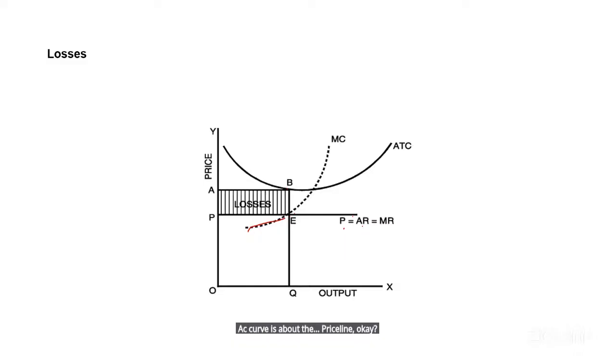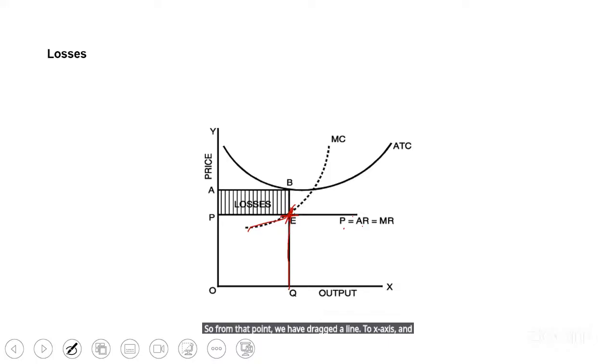Now, the point at which price line or MR is equal to MC, that is the equilibrium point. So from that point, we have dragged a line to the x-axis and also we have extended this line up to the AC curve.